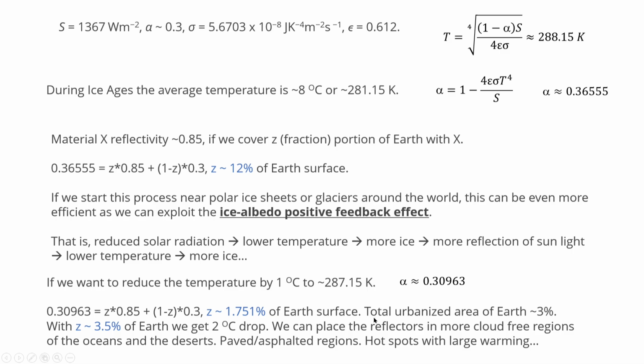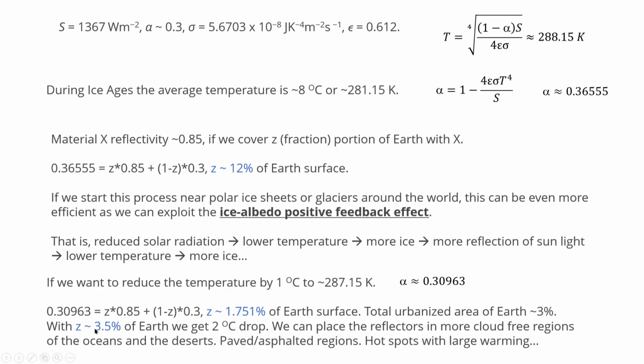Just for comparison, the total urbanized area of the earth is around 3%. So this is not much. It's like half the area occupied by the urbanized portions of the earth.